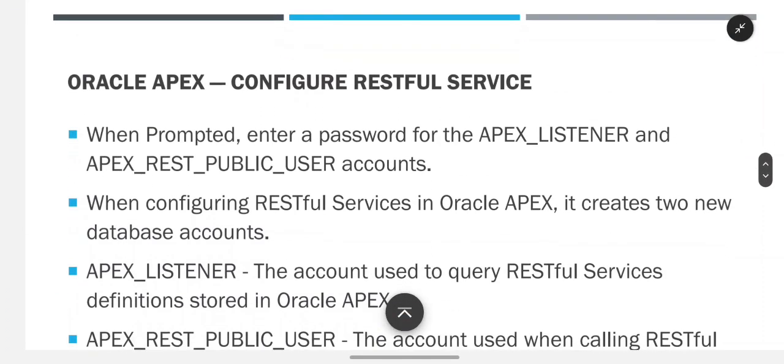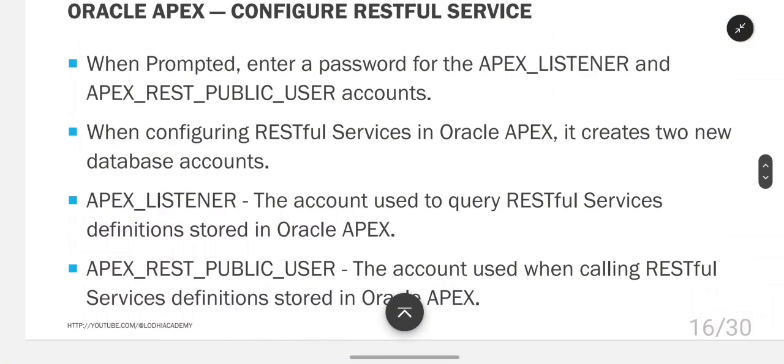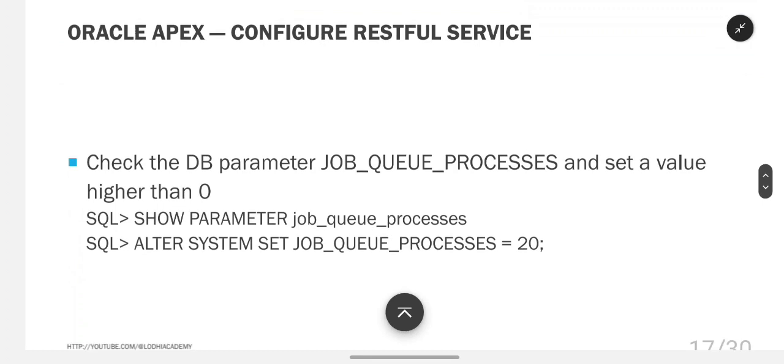When prompted, enter a password for the Apex listener and Apex REST public user accounts. When configuring RESTful services in Oracle Apex, it creates two new database accounts. Apex_listener, the account used to query RESTful services definitions stored in Oracle Apex. Apex REST public user, the account used when calling RESTful services definitions stored in Oracle Apex.